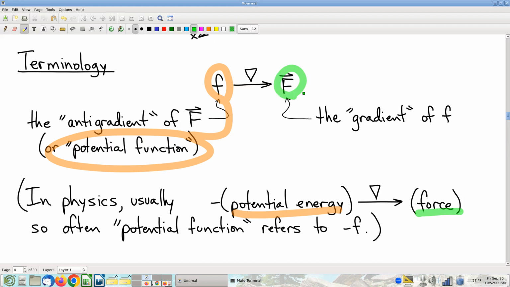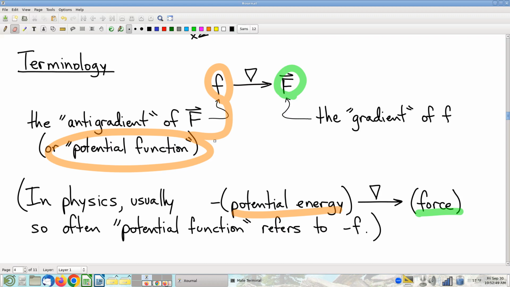So if you have a force vector field, called force field. It's again not a sci-fi reference, but if you have a force field and you want to talk about the thing whose gradient is that, well, it is very closely related to potential energy.